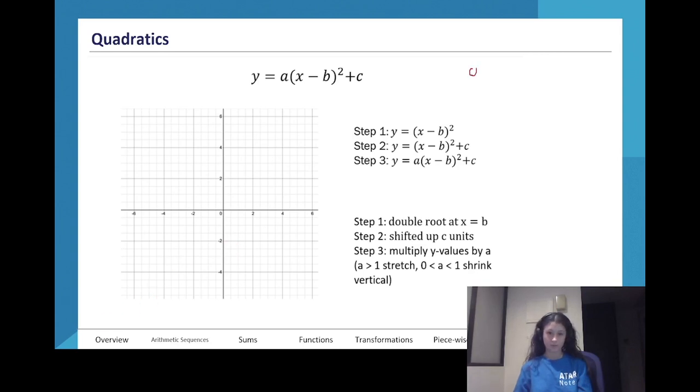Because if we're finding the solutions, we get 0 equals (x - b)^2, so x equals b. So according to this, we are going to get an x-intercept at, say, b here. Perhaps our curve is going to look like this.